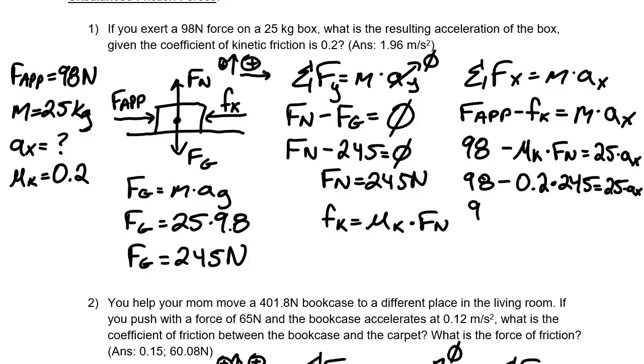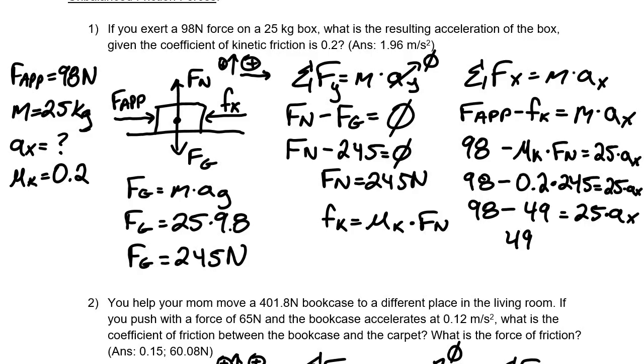So let's plug this in the calculator, and we'll get this. Okay, so we have 0.2 times 245 gets us 49. Let's drop down this minus sign, or you could look at this as a negative 0.2 times 245, which will give us a negative 49. Okay, so if you toss this in the calculator, 98 minus 49 is 49.